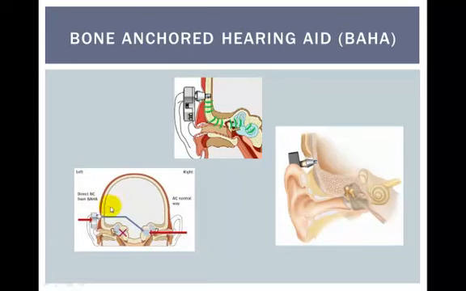It also stimulates the cochlea, giving the perception that sound is coming from the left, and it honestly works wonderfully. Individuals with single-sided deafness who utilize a BAHA typically feel like, again, they have localization capabilities, that they're getting all the sound from the left that they didn't get before.